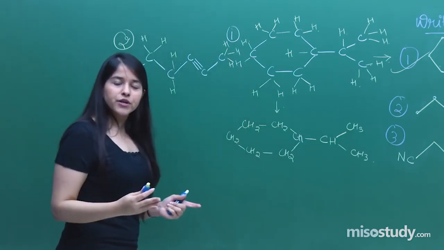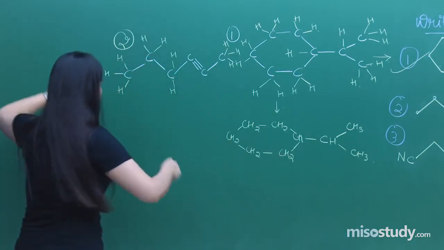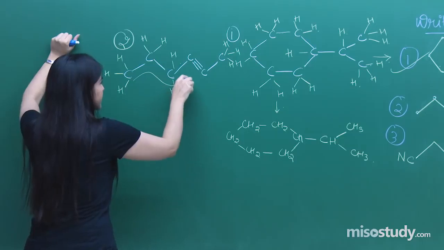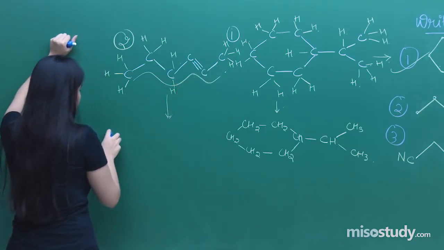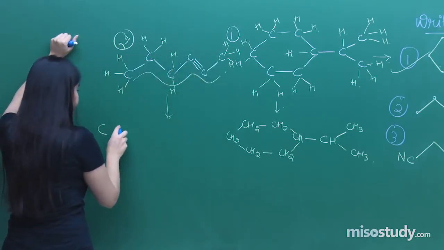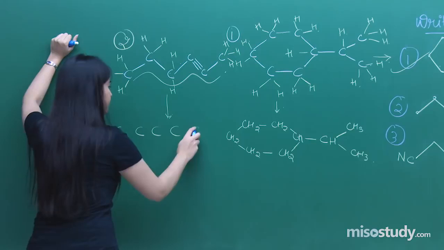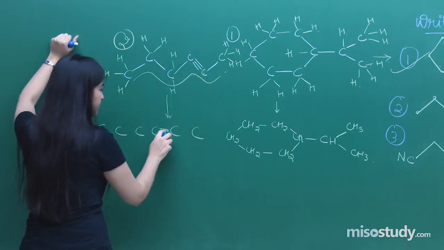Also, what can you do here in this case to simplify the structure is to have a proper straight chain. If you look very carefully, this is nothing but a straight chain. I can have a straight chain instead of this. That means I have got 1, 2, 3, 4, 5, 6 carbon atoms. And these 2 carbon atoms are attached with a triple bond.